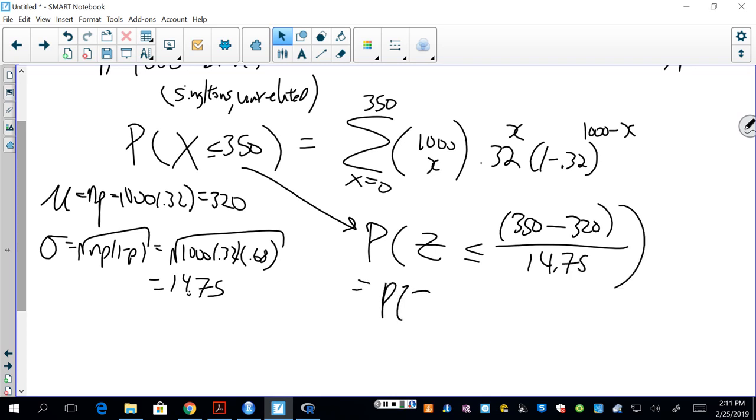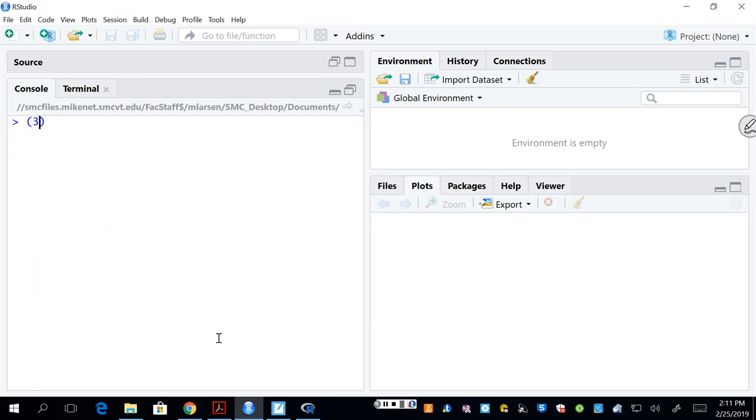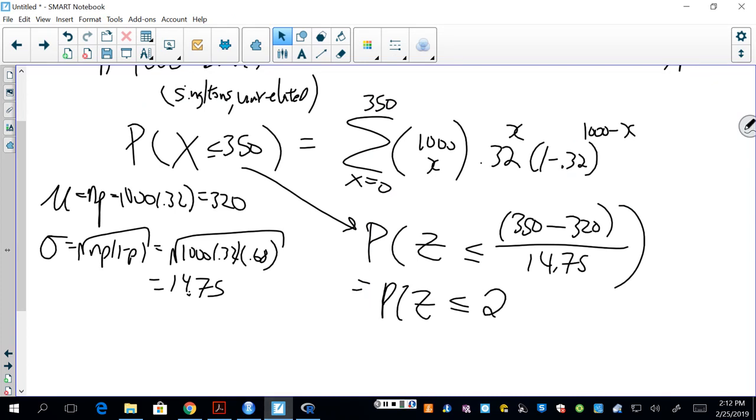This is the probability that z is less than or equal to... We'll shift over to R to do this one. 350 is what we asked about. 320 is the mean. And 14.75 or so is the standard deviation. So we're looking at a z value of 2.03. So the chance that z is less than 2.03.